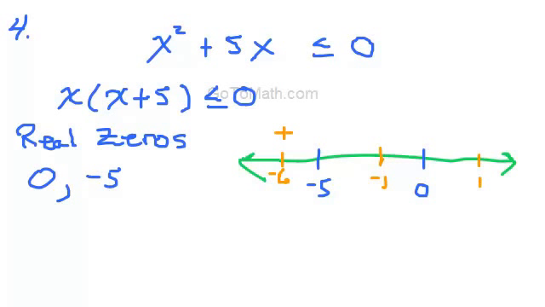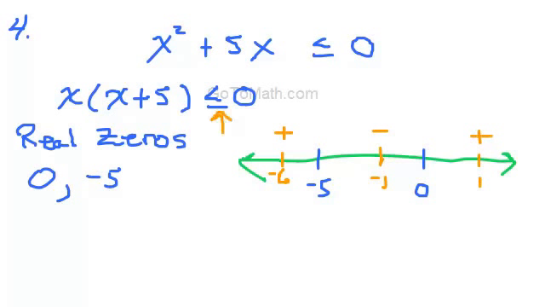And let's take a look at negative 1. So this is going to be negative 1 times negative 1 plus 5, which is 4, and a negative times a positive is negative. See that? And then let's go with 1. So that's obviously going to be 1 times 6, so a positive times a positive is a positive.